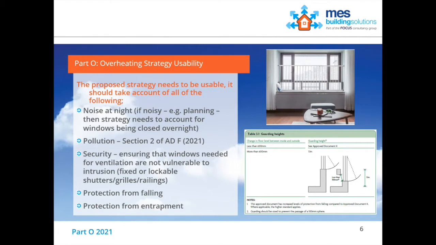For the last two, I don't think there's anything in those that's over and above the requirements of Approved Document K. So I don't believe there's a particular problem in that regard. But we do have to consider those as issues as part of our overheating strategy.